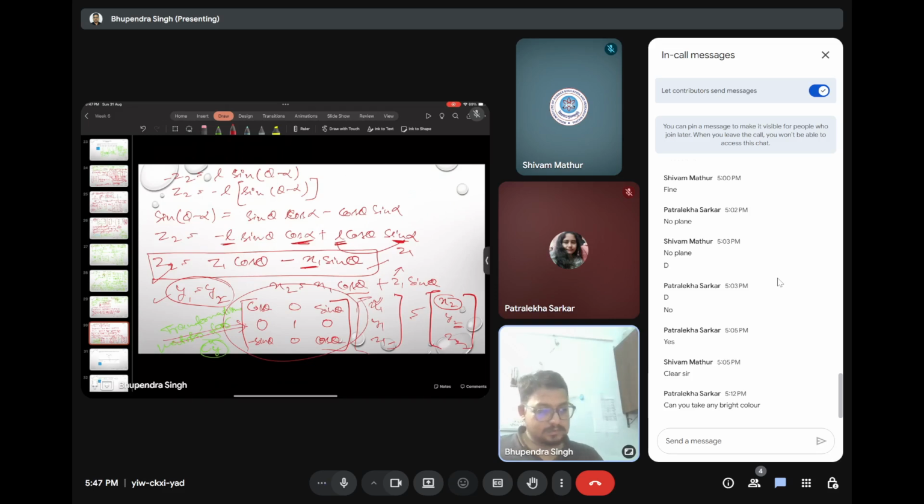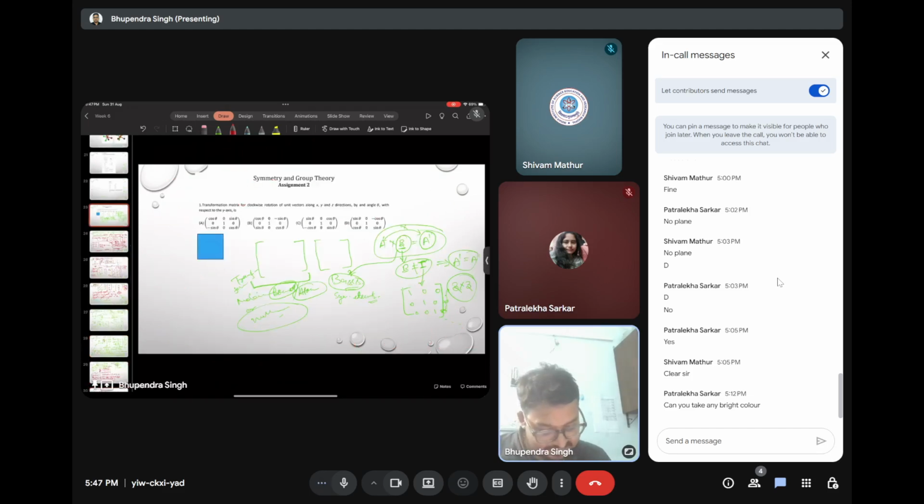Okay, so what was the question? Transformation matrix for clockwise rotation of unit vector along xyz direction, or coordinates, by angle theta with respect to y axis.